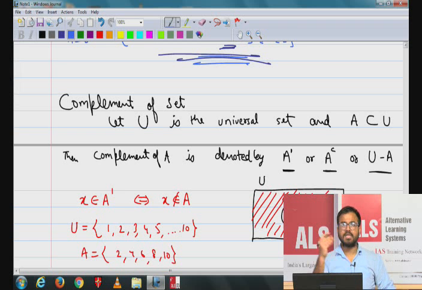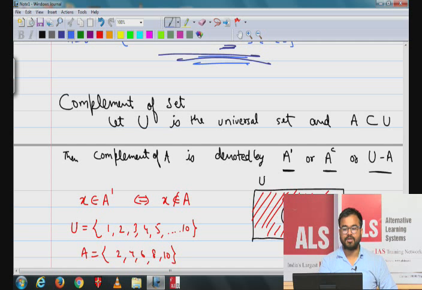Like there must be some universal set. Let's say there is a universal set of boys and girls in a school. Then complement of boys means set of all girls, and complement of girls means set of all boys. Or complement of a set means the set of all values which do not belong to that set.